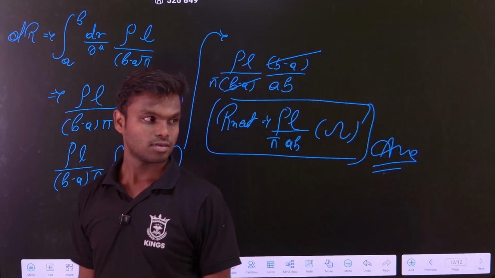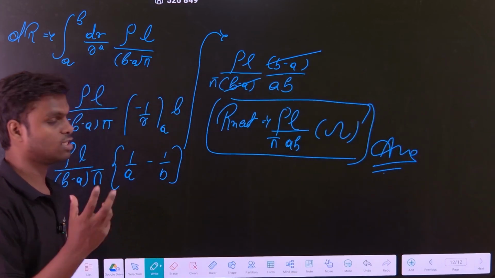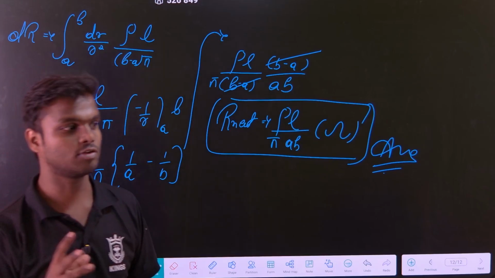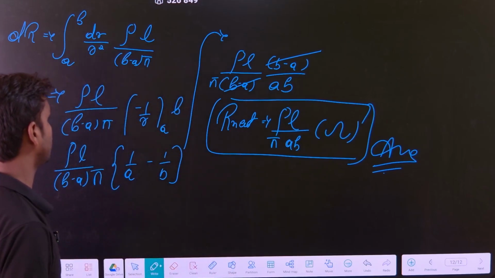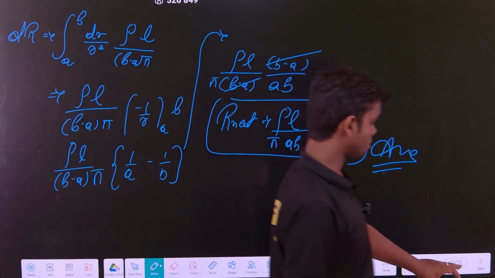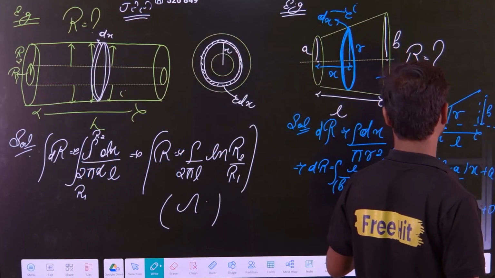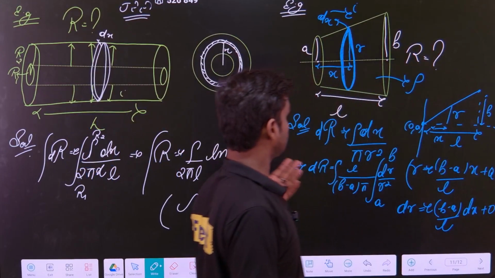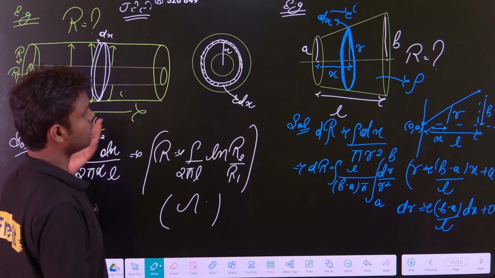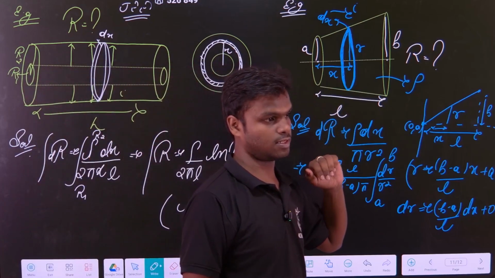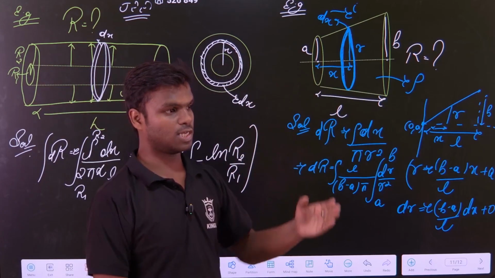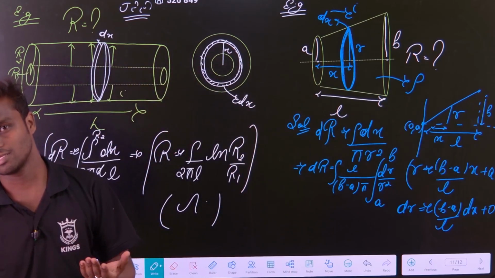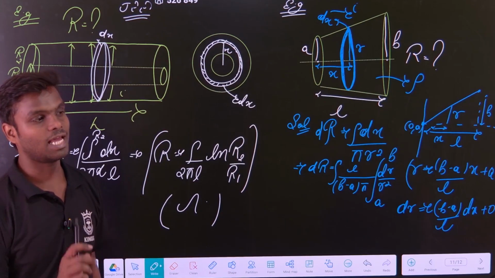Clear? So this is how you have to build your thinking approach. Basically, this is how you have to think. I hope it is clear now. Again, this is the same thing, but here it is simpler. In this case also we have seen the variation of area. So that is what I am saying: they will repeat the concept, they won't repeat any question.